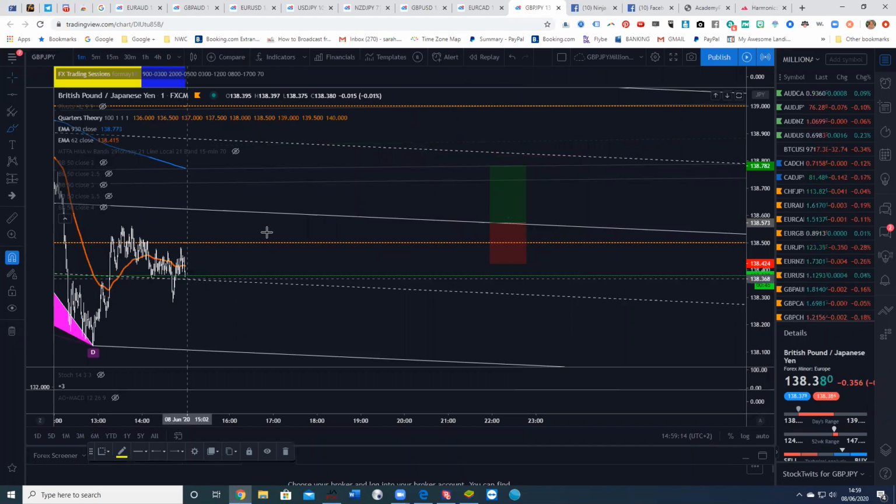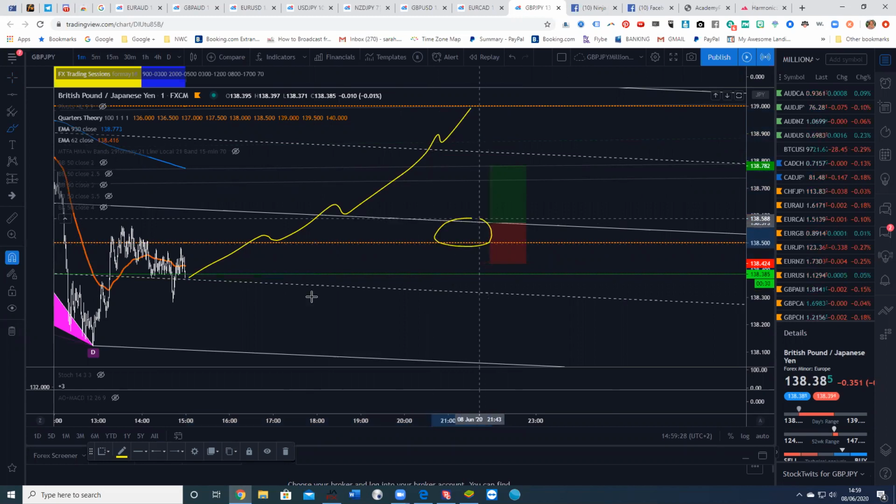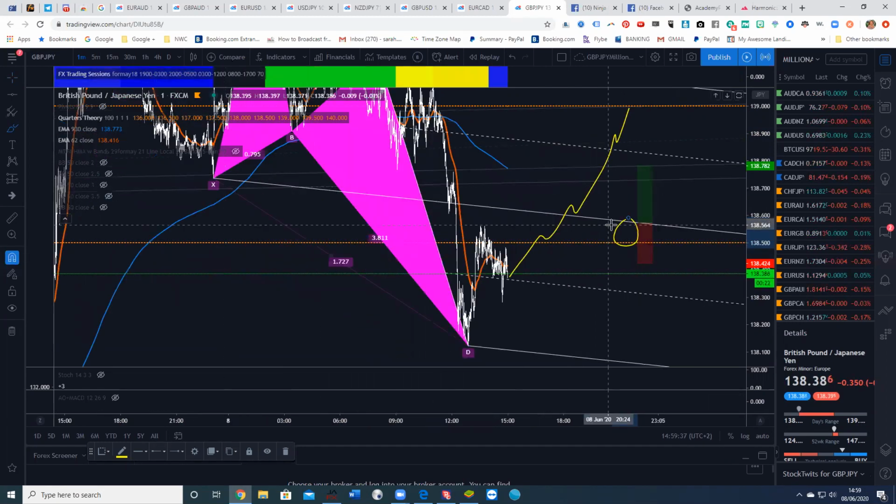So coming up here and then up to those levels there, and being able to cover these two. That's that pitchfork there. There we are. And it's only taking buy trades until it hits this one, the median line.